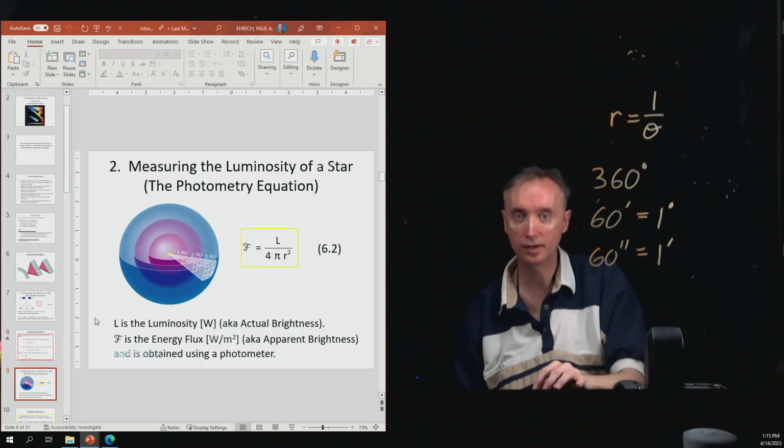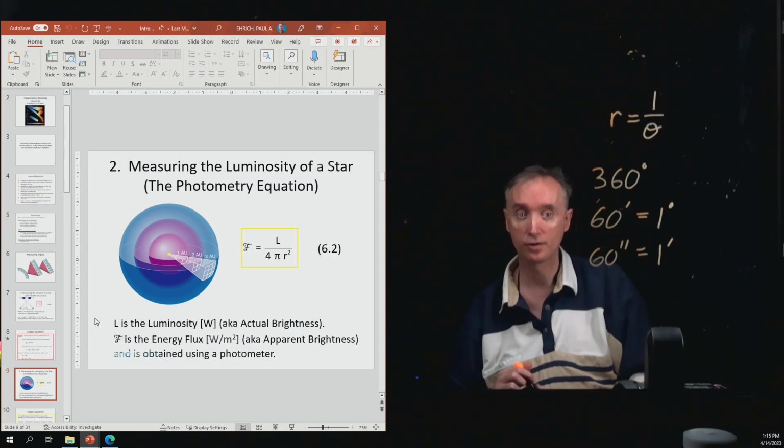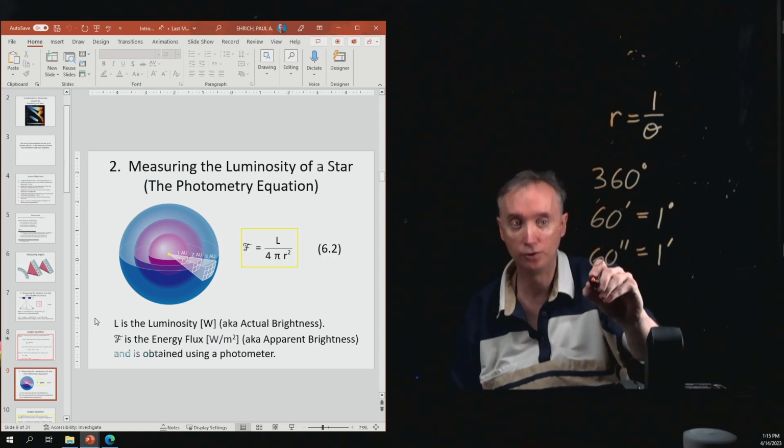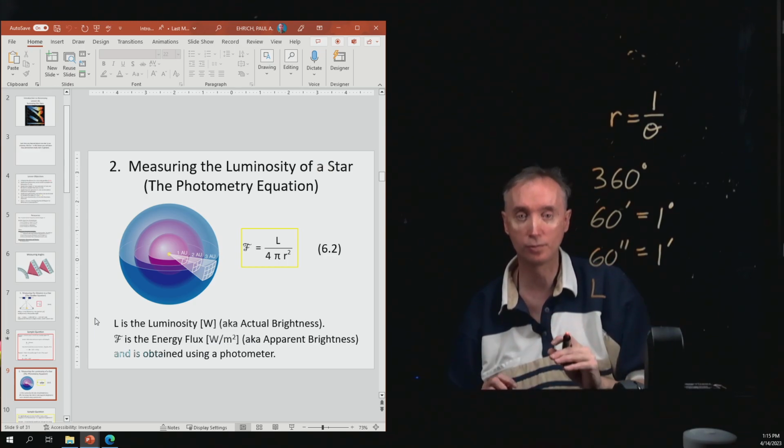Okay, the next thing is how do we figure out the apparent brightness of the star, or how do we figure out the real brightness of the star? The real brightness is going to be L, the luminosity. That's the real brightness. It never changes.